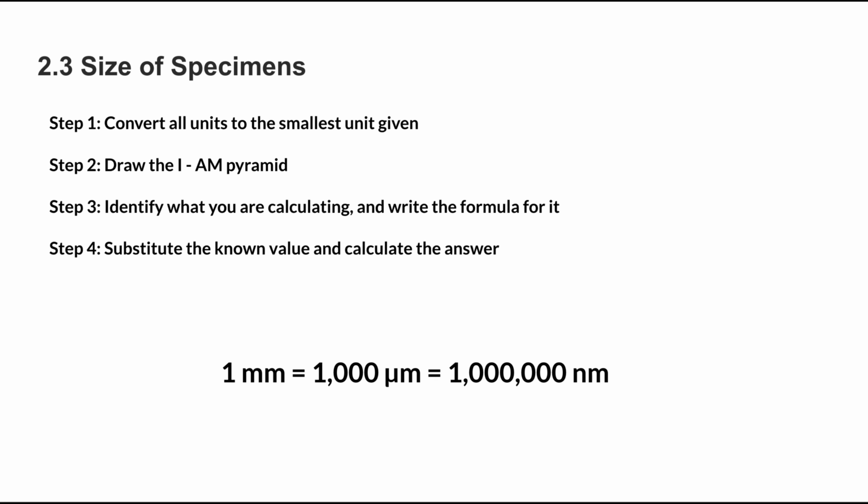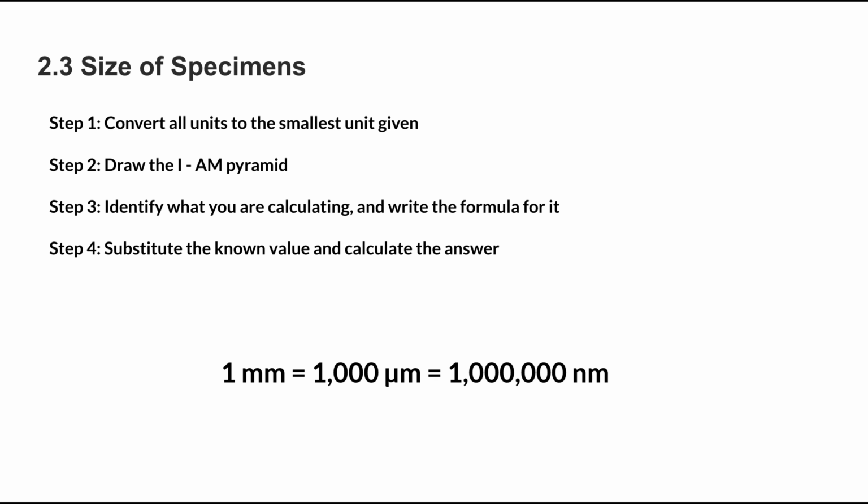And we draw the IAM pyramid. A good way to remember the position is I on the top and M in the bottom, sorry, A and M in the bottom. Identify what you're calculating and write the formula for it. If you were to calculate the magnification, you can write magnification equals image size divided by actual size.